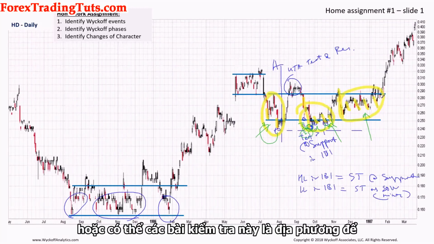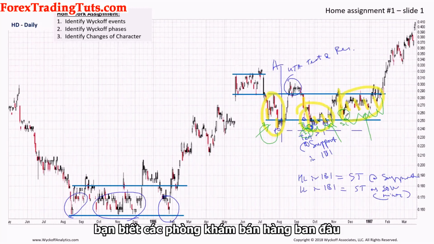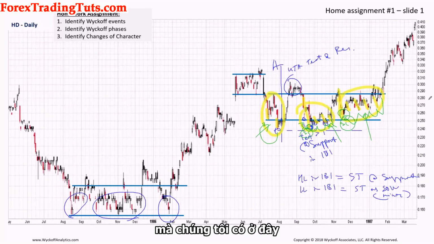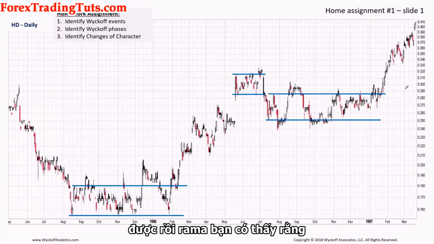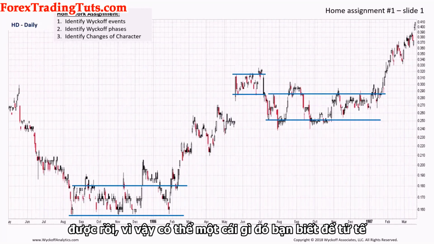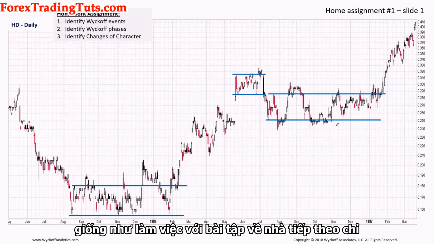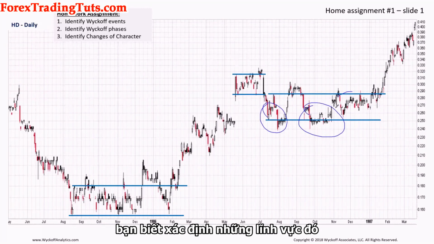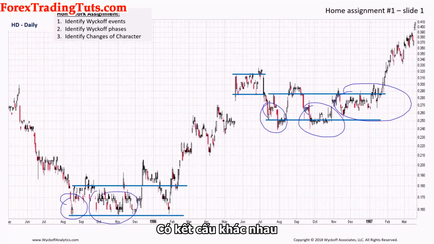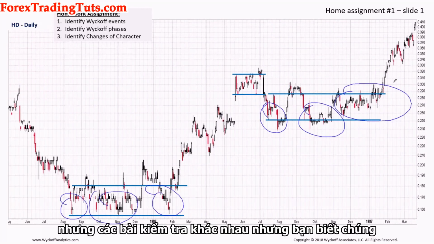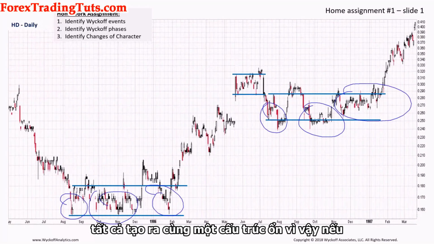Or maybe these tests are local to the initial selling climax that we have here. Okay, Rama, do you see that? Yeah. Okay, so maybe something to work with in the next homework, just identifying those areas. Yeah. Different textures, different tests, but they all create the same structure.